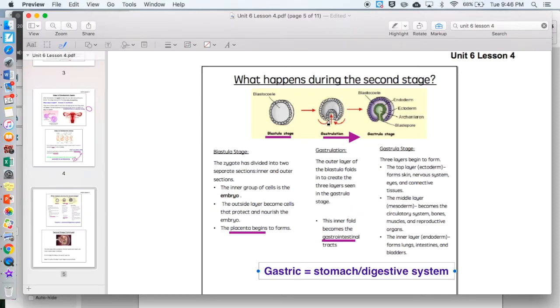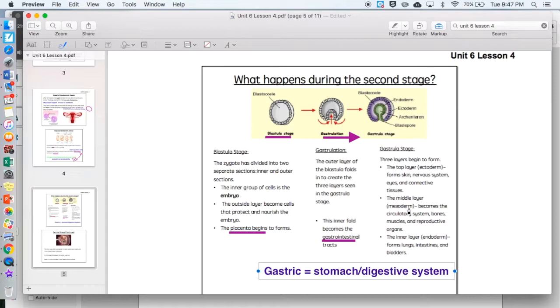So gastrulation, the outer layer of that blastula, those cells that are now lined up in a sphere, folds in and it's going to create 3 different layers of cells. The inner layer is going to become your digestive system, the gastrointestinal tract. Then the top layer, called the ectoderm, so ecto meaning outside, derm meaning skin, is going to form your skin, nervous system, eyes, and other connective tissues.